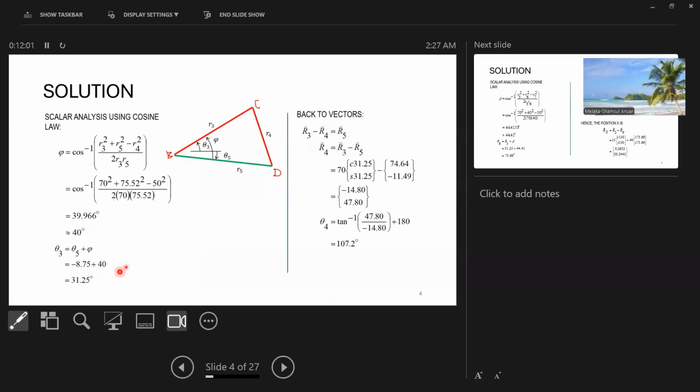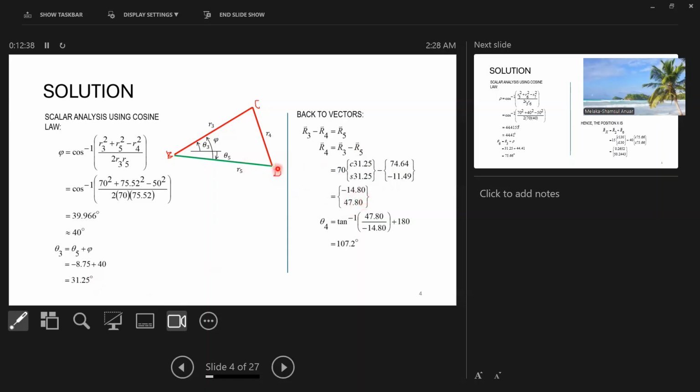Now that we have solved for R3, the only thing we do not know is R4. Just plug in the numbers: 70 cosine 31.25, sine 31.25, and the R5 we calculated earlier. This gives us negative 14.8 and 47.8.